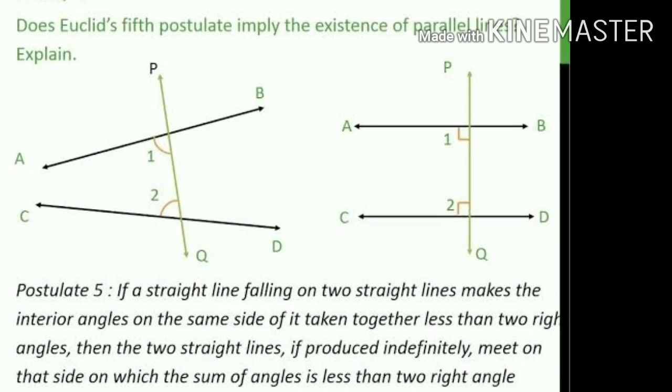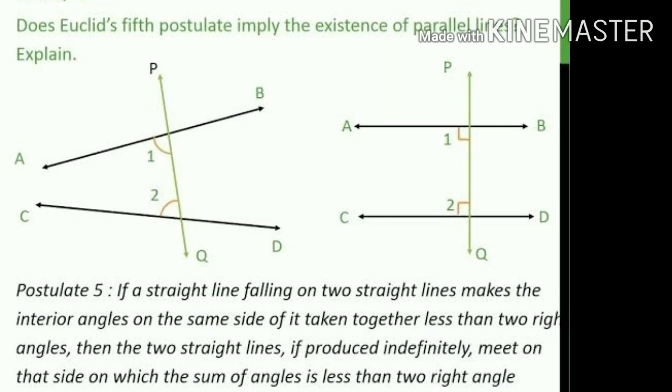In the second figure, you can observe that the sum of two interior angles formed between the lines AB and CD are equal to 180 degrees. As the sum of these two interior angles 1 and 2 are equal to 180 degree, the straight lines AB and CD will be parallel to each other.